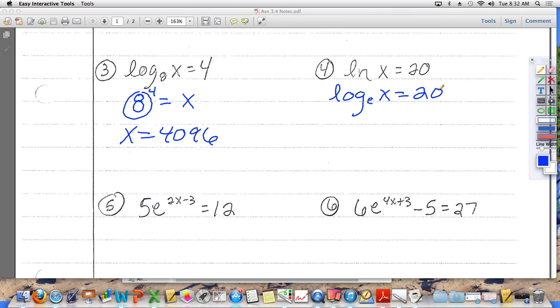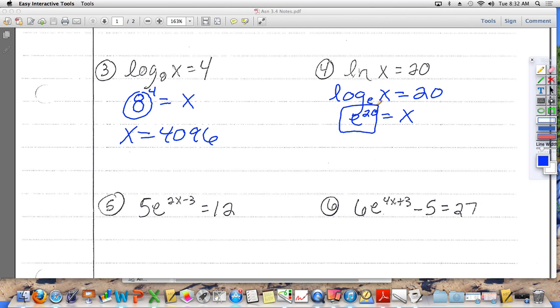Change it so that it is e to the 20th. Now this is going to get you such a gigantic number, so big that I wouldn't even bother writing it down. What I would do instead is leave your answer as e to the 20th power.